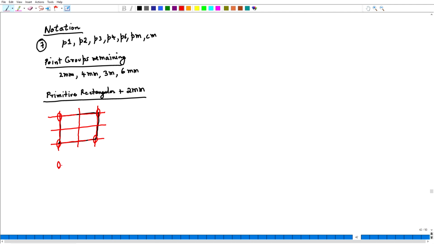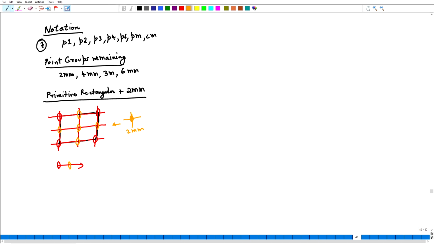A combination of two-fold and a translation puts a mirror in the center of the translation. So, therefore, very clearly the two-folds will come here and also in the center of the cell. So, essentially what we had started was this. This is my 2mm and I had added this 2mm onto the primitive rectangular cell.